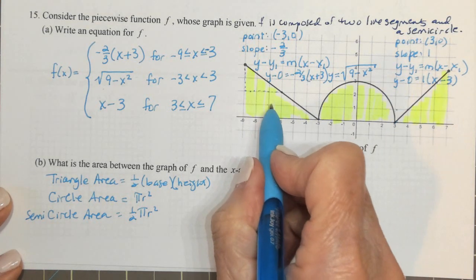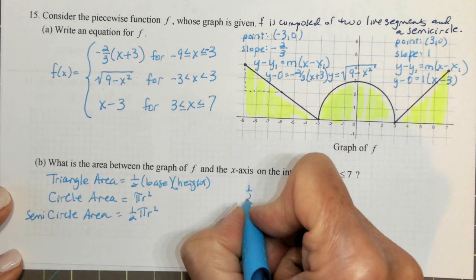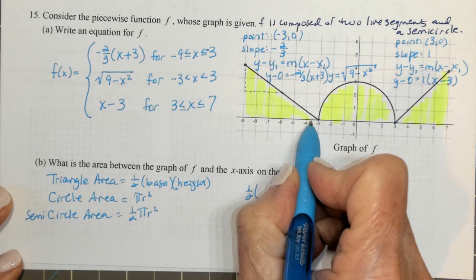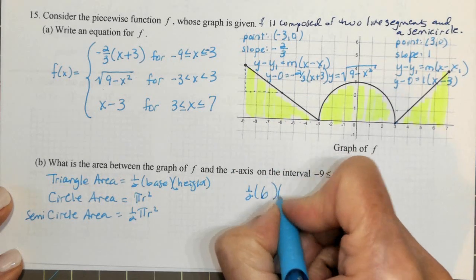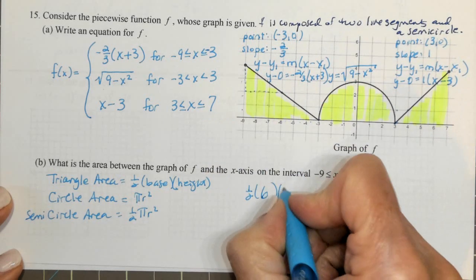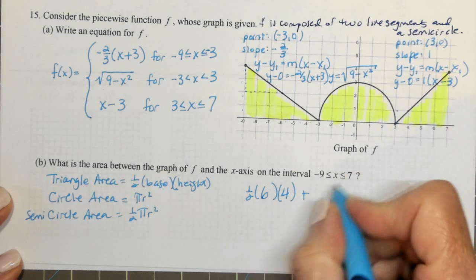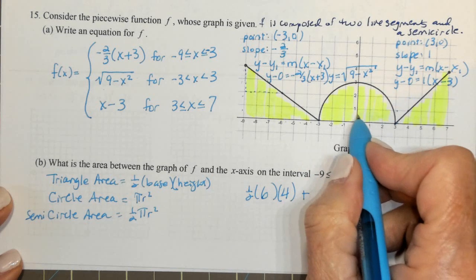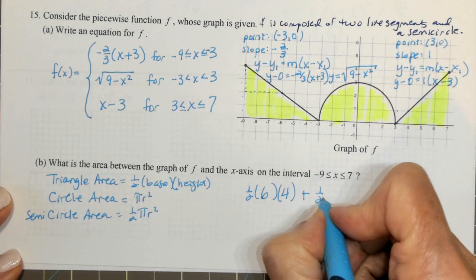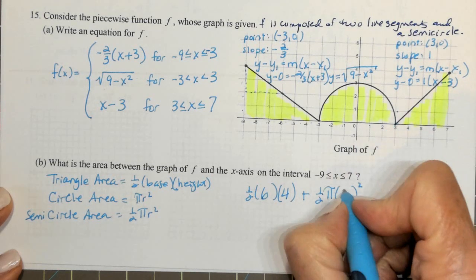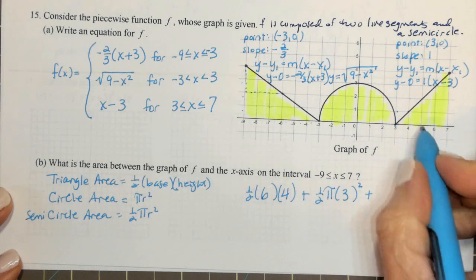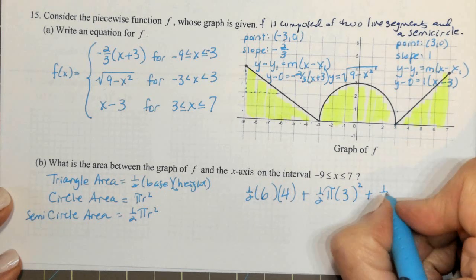So this piece right here has area 1/2. The base is 2, 3, 4, 5, 6. The base is 6. The height is 4. I'm going to add to that the area of the semicircle. That is 1/2 pi times r squared, where r is 3. And then the area of this triangle, 1/2.